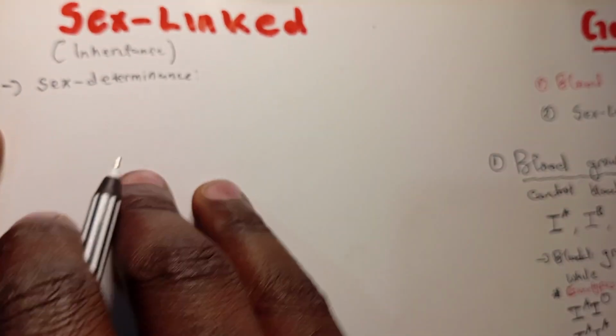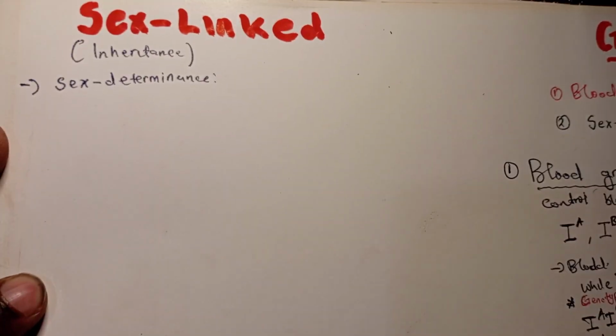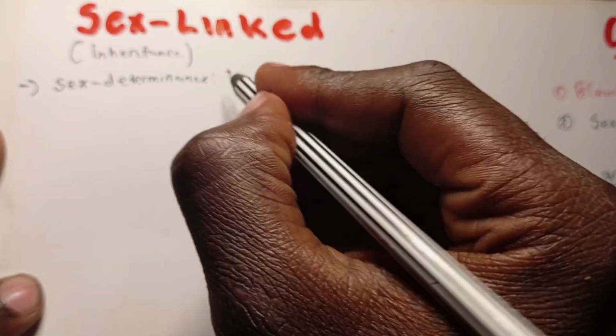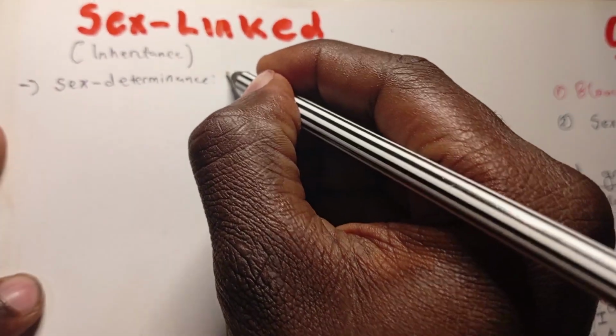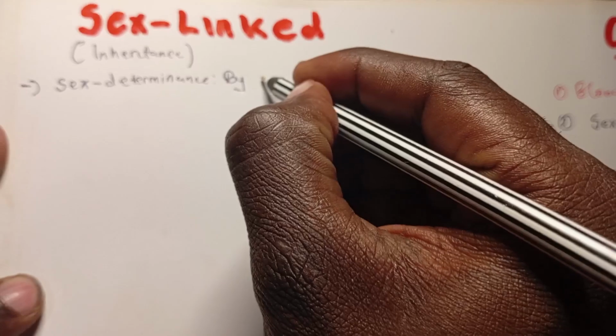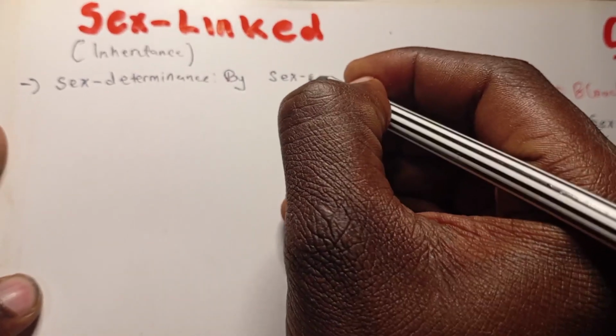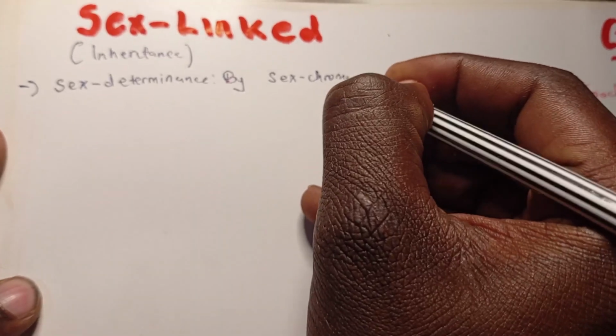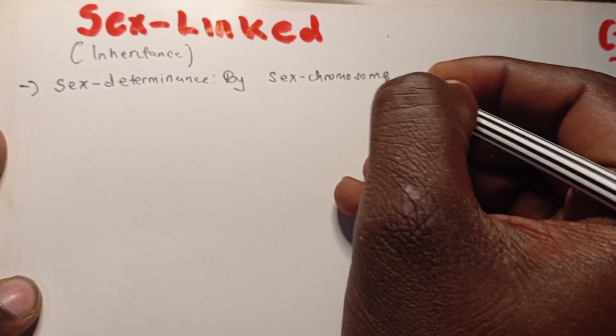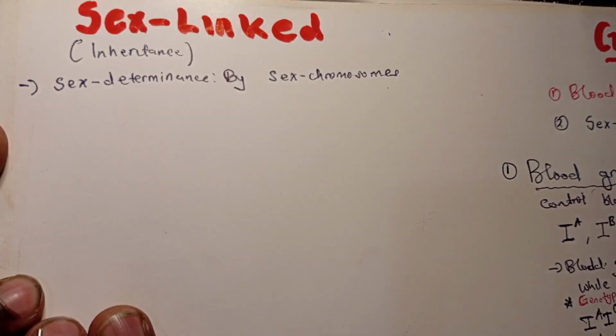The sex of a person, whether they are going to be male or female, is determined by the sex chromosomes. There are two types of sex chromosomes.